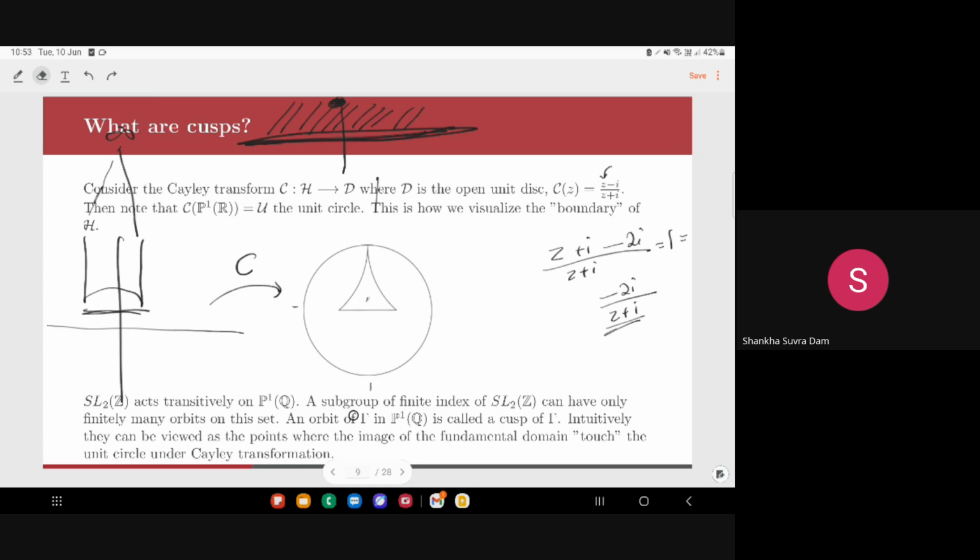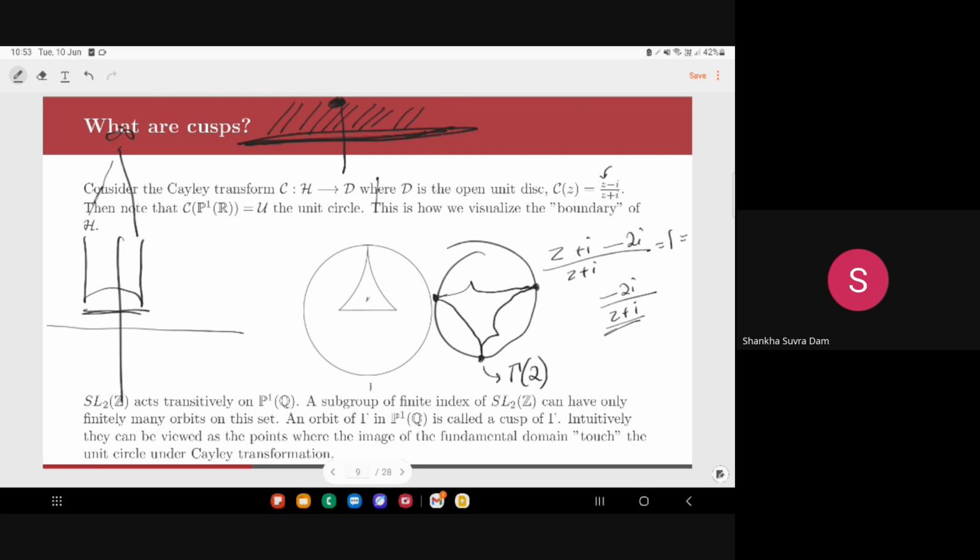For some other subgroups, this map on the unit circle can look like something of this sort. So there are 3 cusps over here. This is the group gamma 2 acting on the upper half plane. And gamma 2 here is a subgroup of SL2Z.